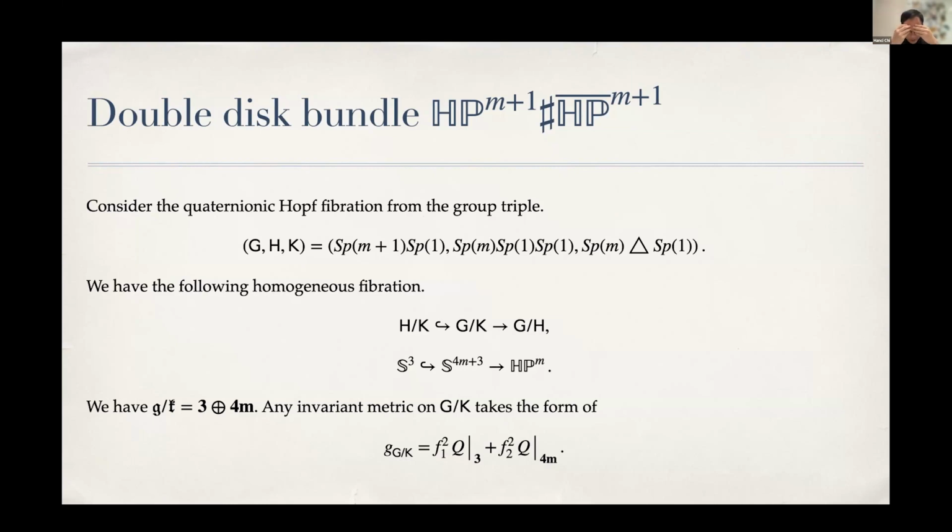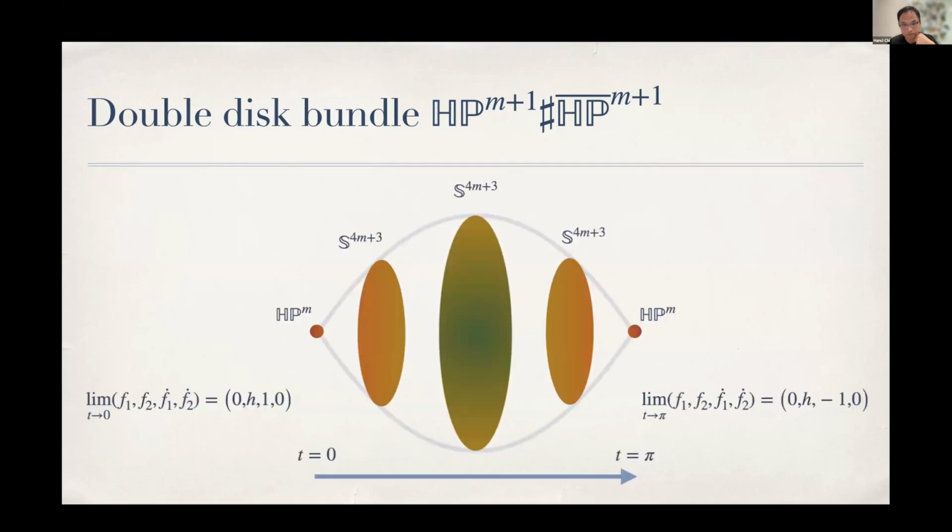And in the study of cohomogeneity one metrics, you can think of f1 and f2 as functions defined on the orbit space, and we consider the ODE system related to f1 and f2. Right, so this is a more straightforward illustration.